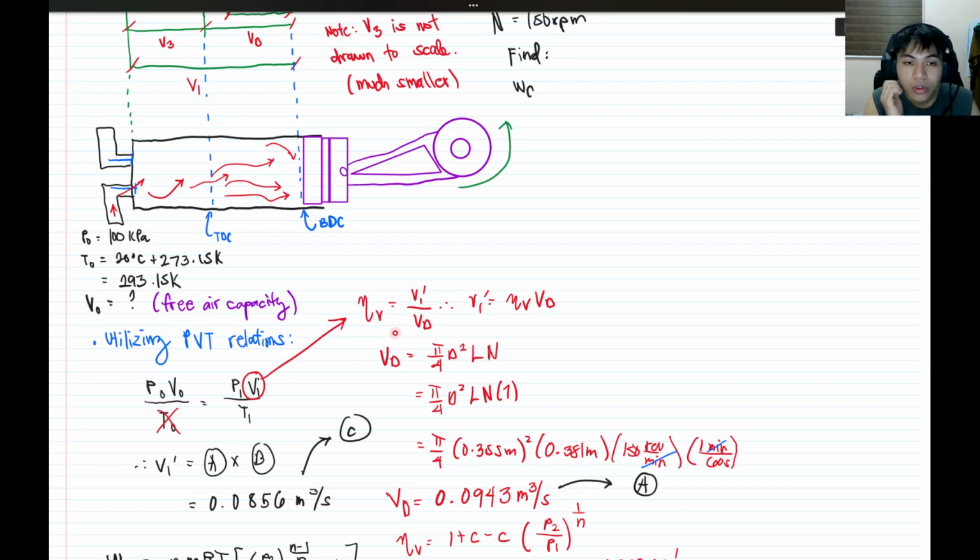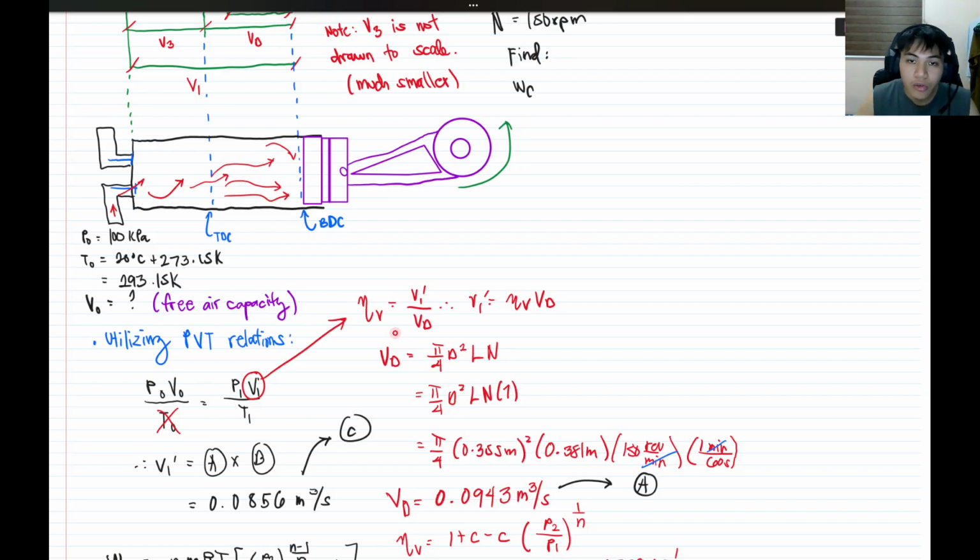So, we know that our volumetric efficiency is equal to V1 prime, or it could be V1 minus V4, over the volume displaced. Transposing, our V1 prime is going to be equal to the volumetric efficiency multiplied by the volume displaced.